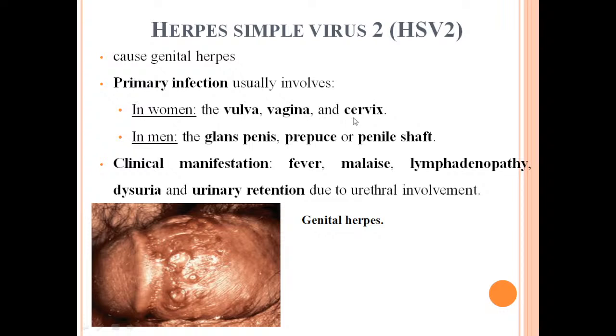So these lesions or sores occur in the vulva, vagina, and cervix, or in men in the glans penis, prepuce, or penile shaft. Clinical manifestations include fever, malaise, lymphadenopathy, dysuria, and urinary retention due to urethral involvement. So such vesicular lesions occur in sexual organs in different parts of the urogenital tract.